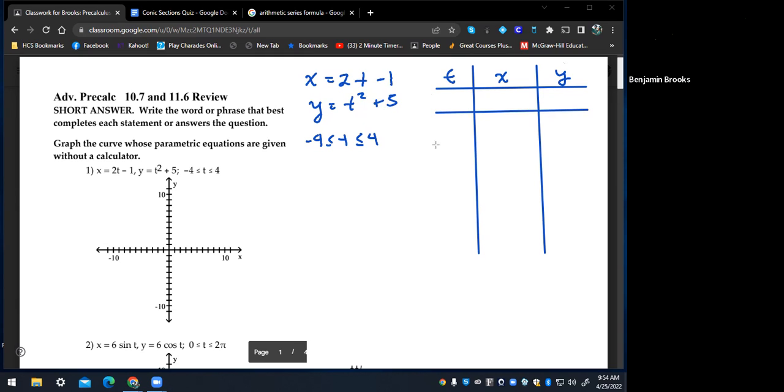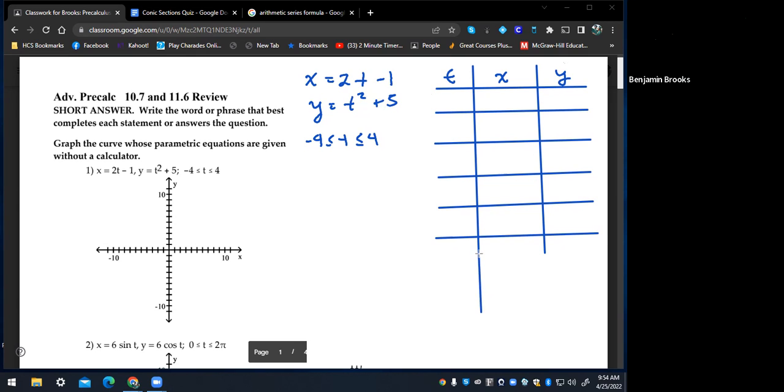-4 to 4. We're going to go through all of them. You could skip some, just as long as you have a decent idea of what's going on.